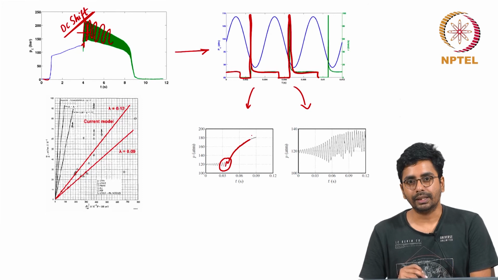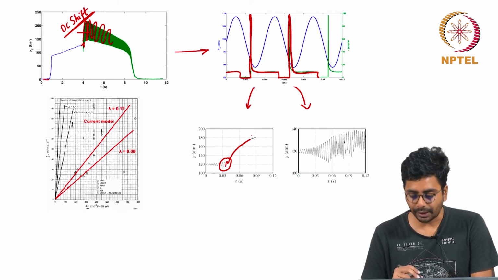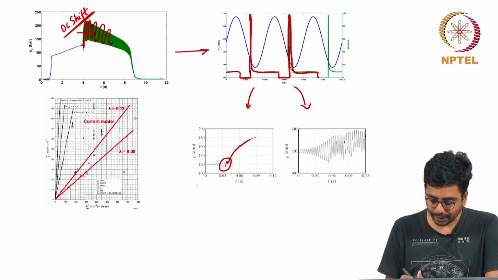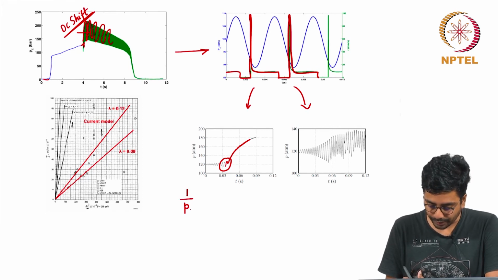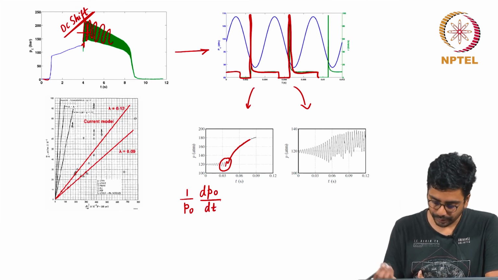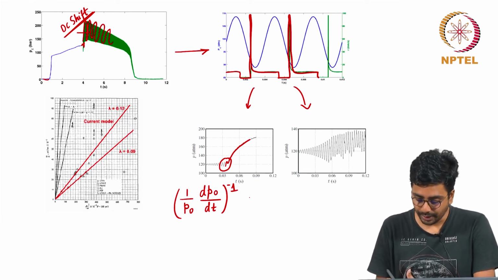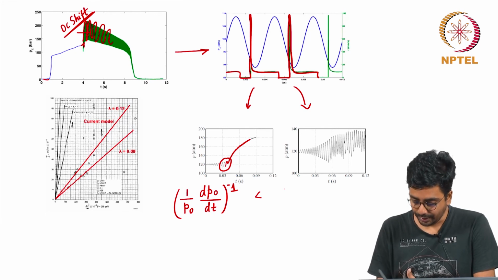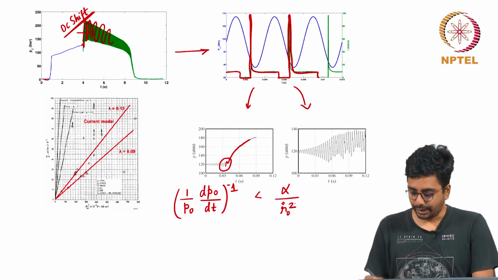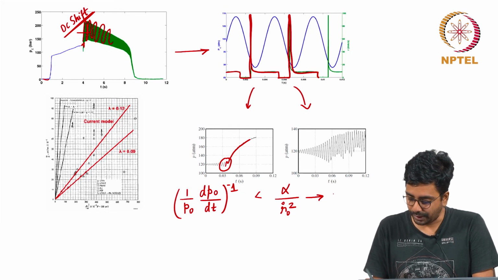A simple scaling for the critical depressurization rate: you start from a pressure of P0, and the inverse of this is the time scale for depressurization. If this becomes comparable to or smaller than the conduction time scale, which is alpha over r dot 0 squared, then the propellant will extinguish.